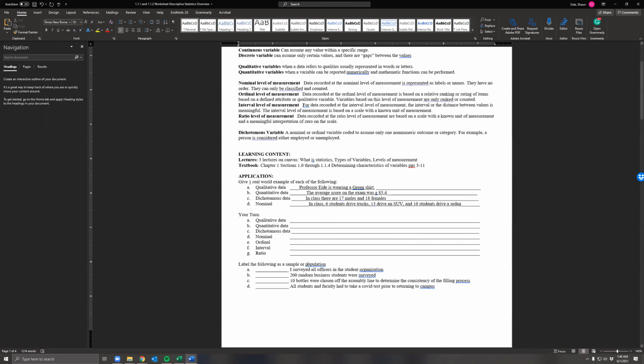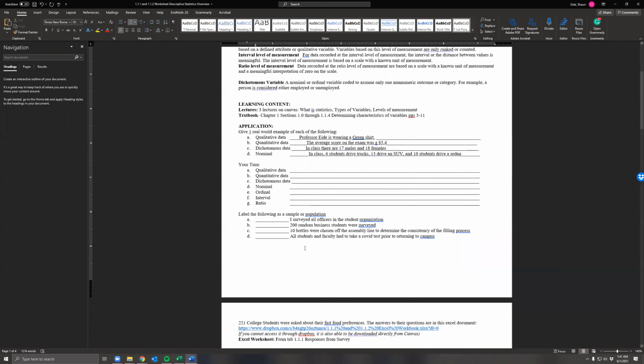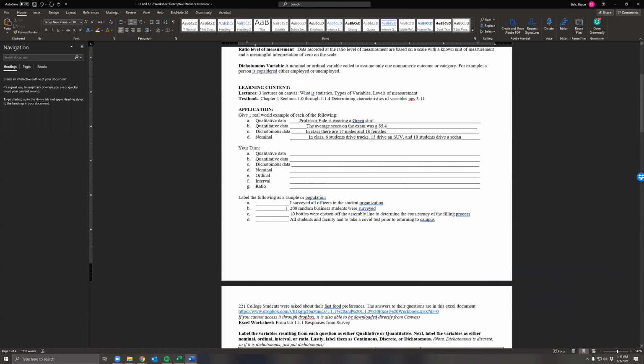And you can work with your friends on this, work with your group, work with whoever to help you do all this. But when you get to the quiz, you've got to be able to do it all on your own. So then label the following as a sample or a population. Make sure that you watch the video on sample or population.